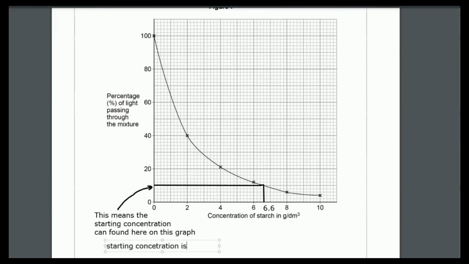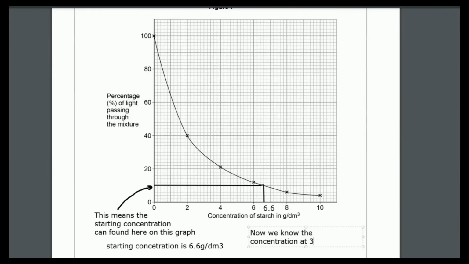Now we know that 10% was right at the start of the experiment. That's how much light got through in the first 0 seconds. So we know the starch concentration at the start was 6.6. We're told in the stem of the question that the starch concentration at 3 minutes was 0.3, and we're asked to find the rate over that 3-minute period. So it started at 6.6 and ended at 0.3.